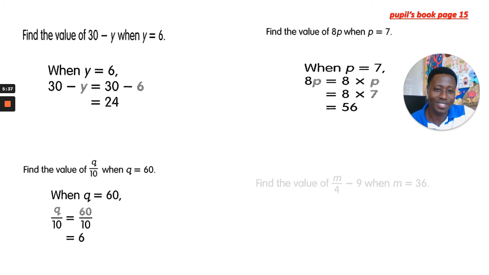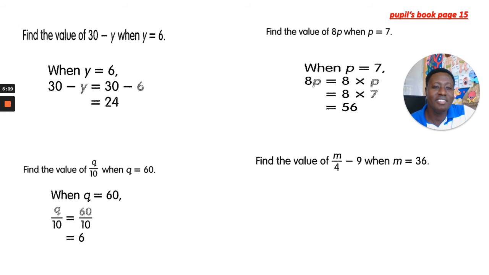Example number 4. Find the value of m divided by 4 minus 9. M divided by 4 minus 9. So divide first before you subtract. M is 36. So 36 divided by 4 is 9.